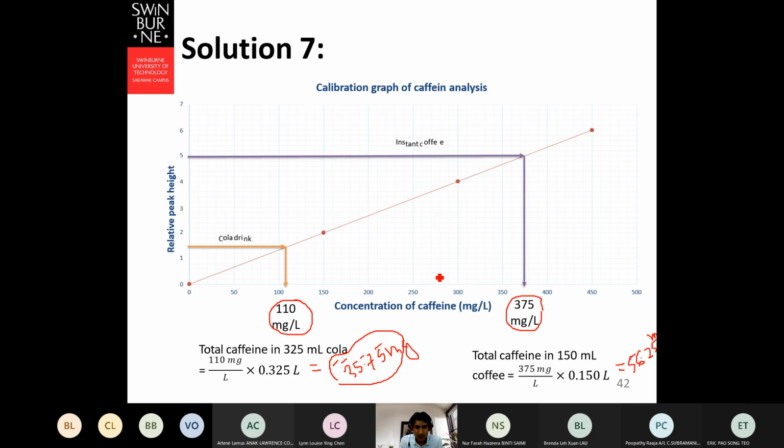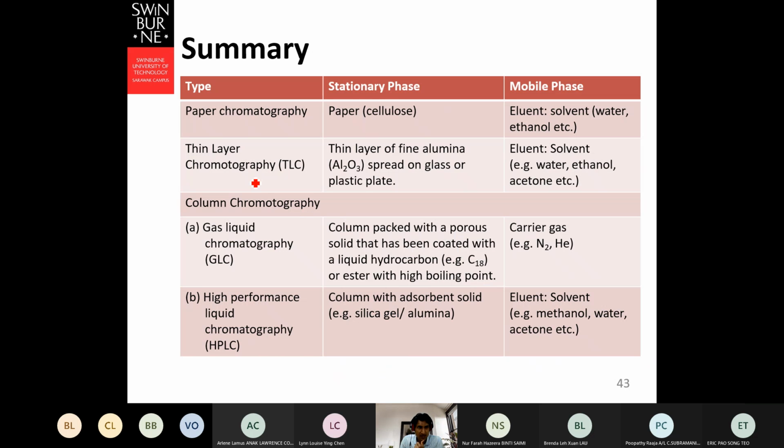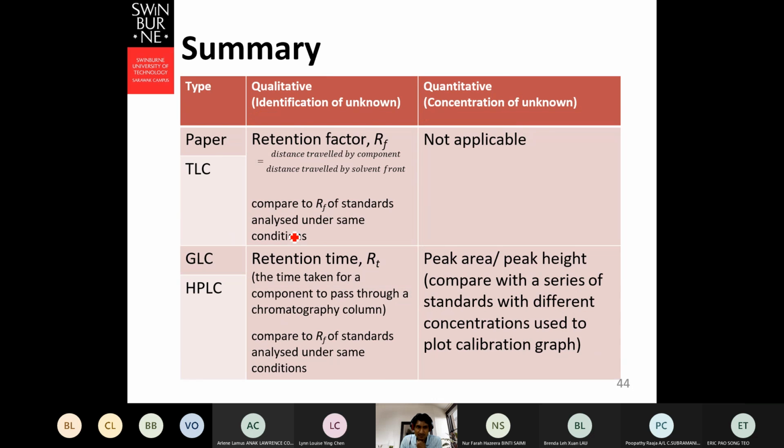So why do we enjoy cola when we can enjoy coffee directly, right? So this is how it works. And in the summary, the type of chromatography we have, the stationary phase, and the mobile phase that will be needed to use.